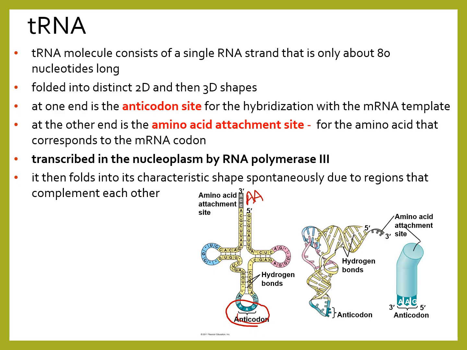This 2-dimensional shape then folds even more and twists itself into that 3-dimensional shape. The anticodon site is right there. The amino acid would be attached right here. Often the textbooks will use sort of this little peg shape. So the amino acid basically would go right here. And a lot of textbooks will use that as a very simplified 3-dimensional tRNA.